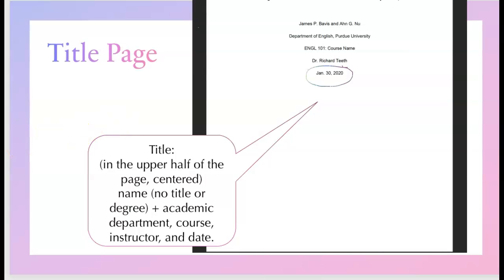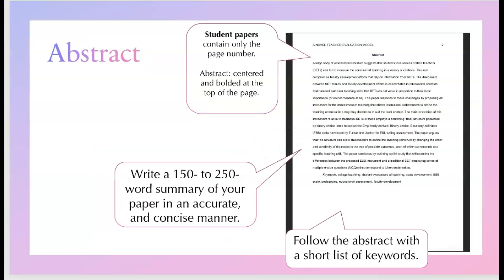So the second thing after your title page, and one of the other defining characteristics of APA format, is an abstract. And we're going to talk about abstracts next week. And abstract, again, your page number, upper right hand corner, and then the title abstract, bolded, and in the center of the page.